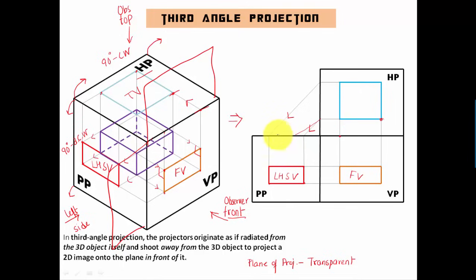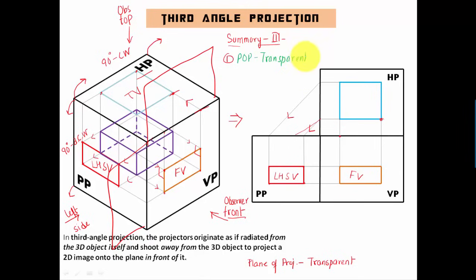Again, let us summarize how all of this works. Summary, third angle. The first and most important point is that planes of projection are to be made transparent.